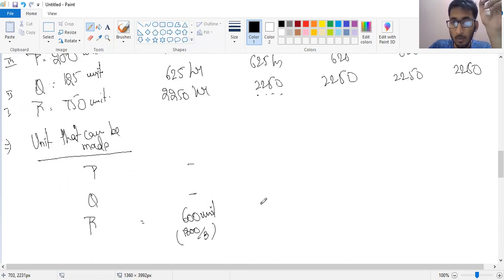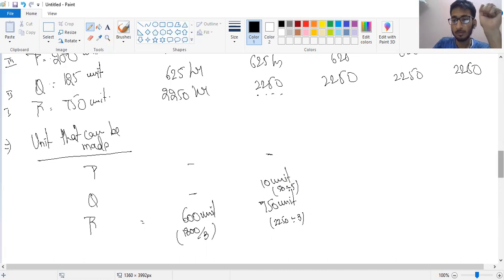So I'm able to make 750 units of R, and with the balance 50 hours, I can make 10 units of Q. How 10 units? 50 divided by 5. And for R, 2250 divided by 3. And again, P cannot be made.